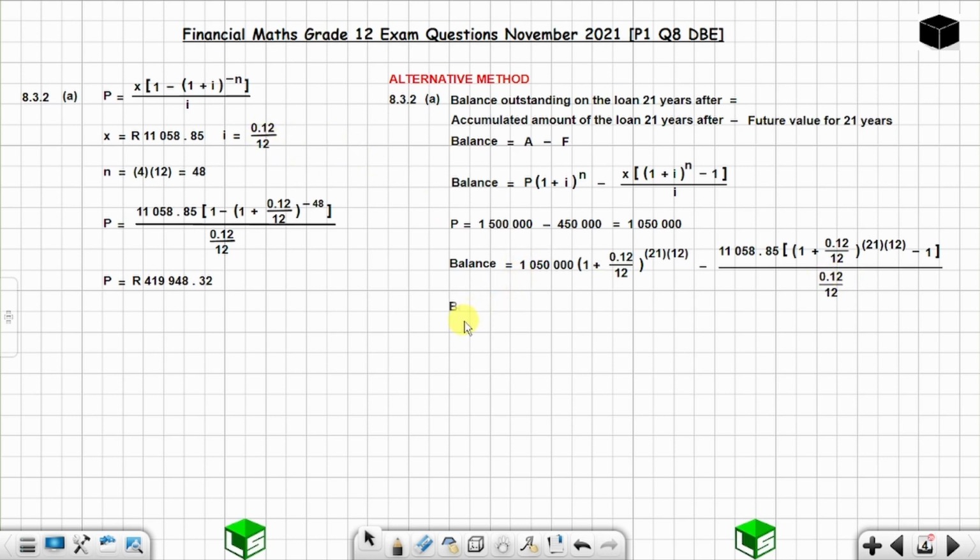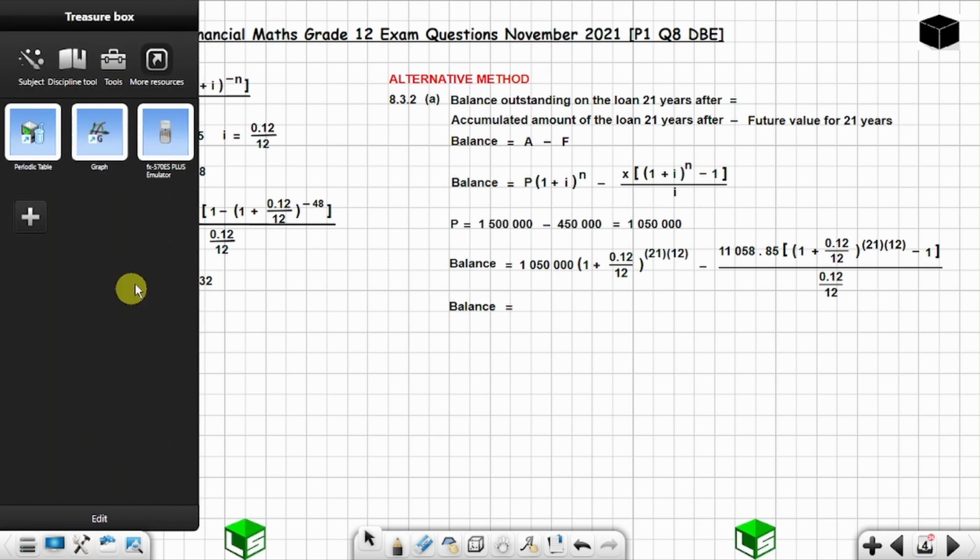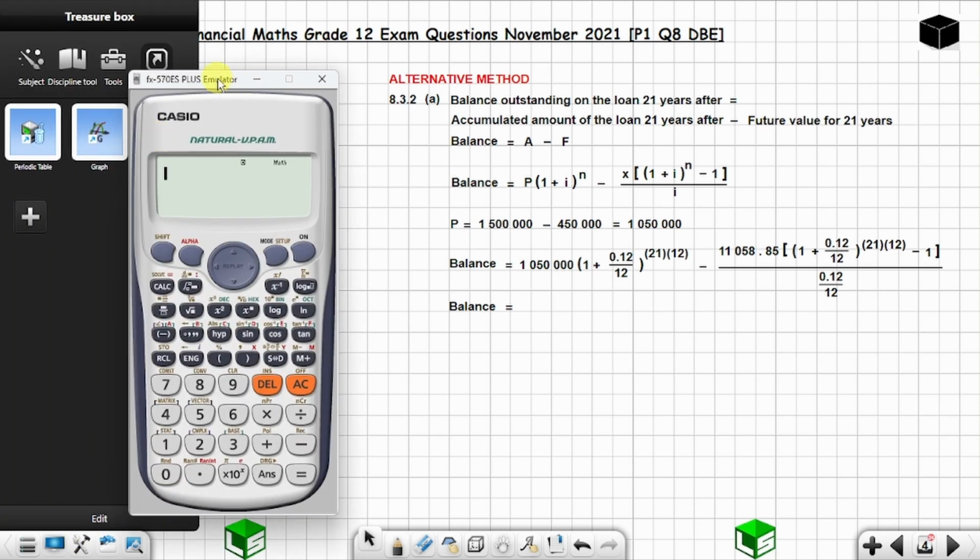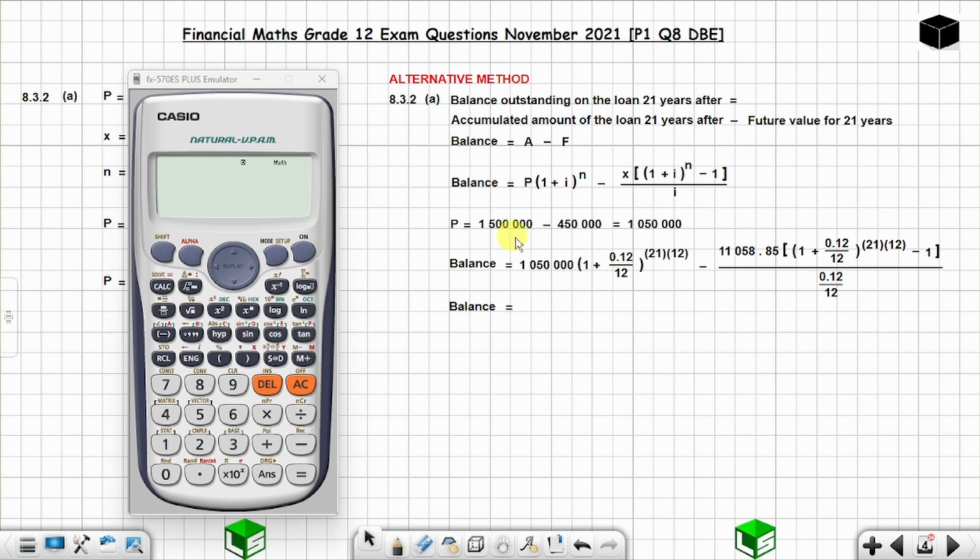So the balance is equal to, plug this into your calculator and let's see if the answer will be close to this. Okay, I hope you can follow.